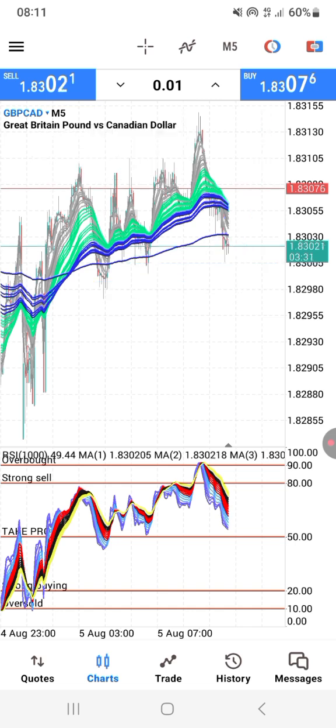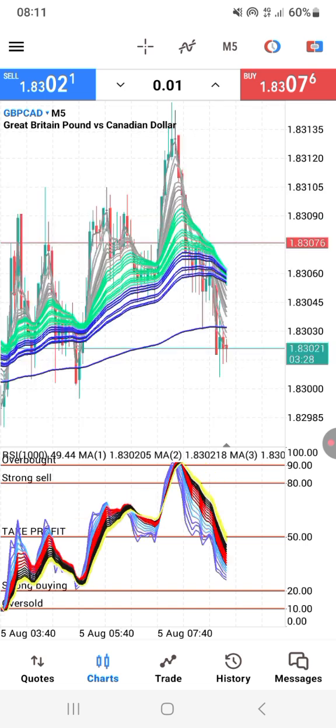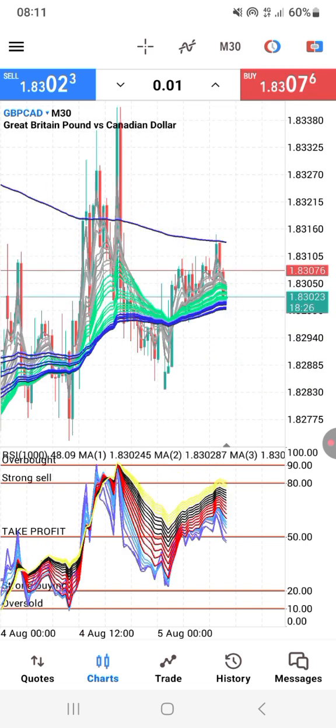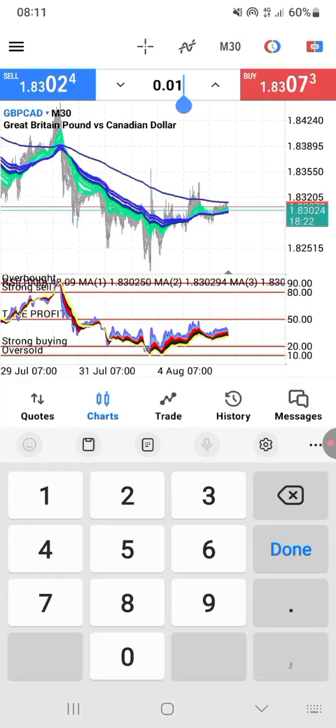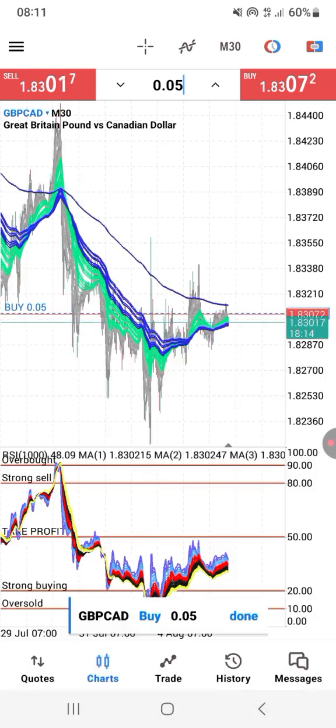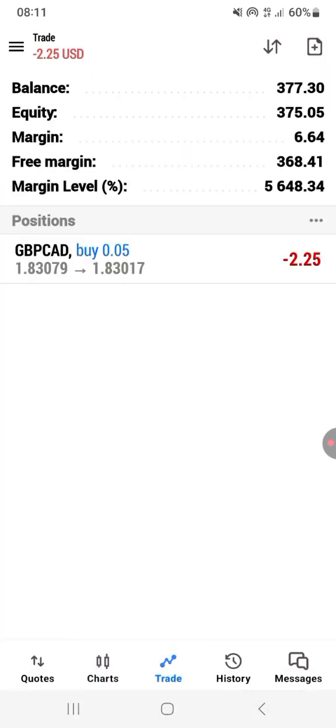Since I confirmed my entries, what I'm going to do, guys, is enter with a lower lot size. Let me use 0.5 and see how much I start with minus. Then you will understand. This is not that much, guys.